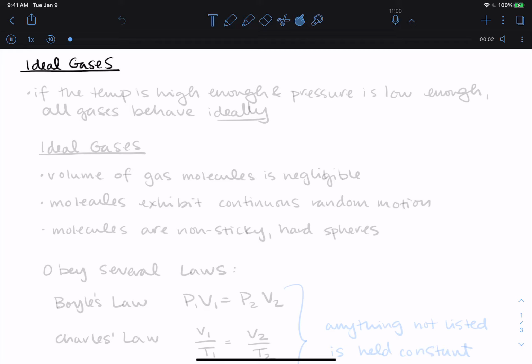So we are finally able to talk about ideal gases. So in a gas sample, if the temperature is high enough and the pressure is low enough, all gases behave the same way.